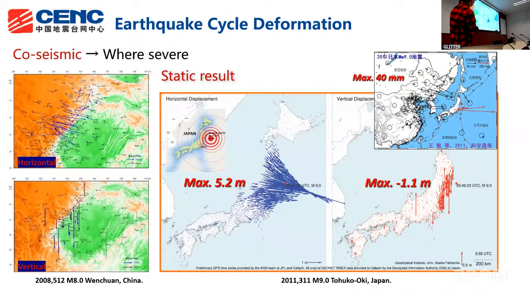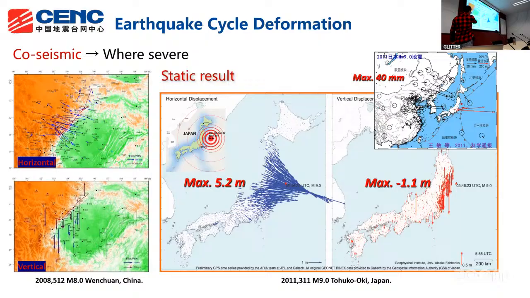And second, the coseismic stage can tell us which areas have severe seismic hazard. This shows the Wenchuan earthquake that happened in 2008 in China's Sichuan province. The earthquake is named the Wenchuan earthquake, but the heaviest earthquake disaster happened here.